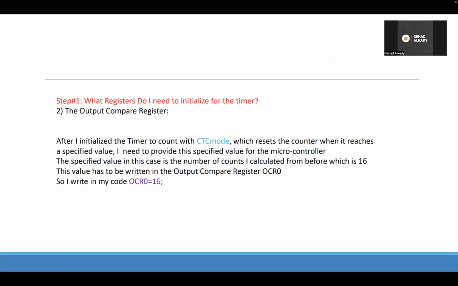So for this, we put the value in the output compare register, the OCR. Since we use timer 0, we will write OCR0 equal to 16 counts, which is equivalent to the 1 millisecond that we calculated a while ago.